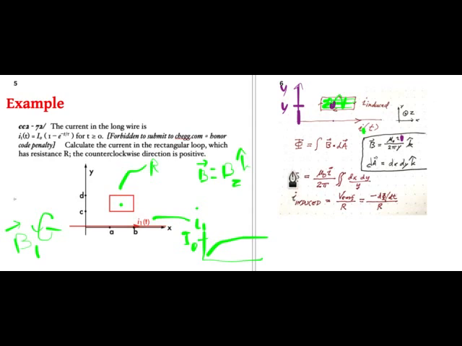All right, so let's calculate the flux. This is the flux out towards u. It's mu naught I1 over 2 pi, dA is dx dy, divided by y.